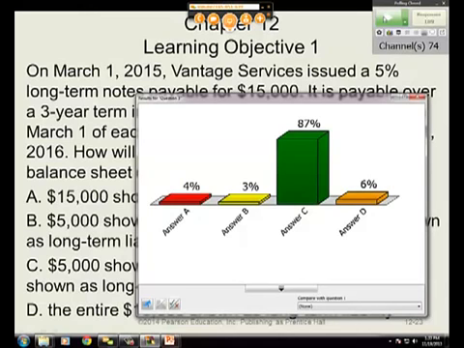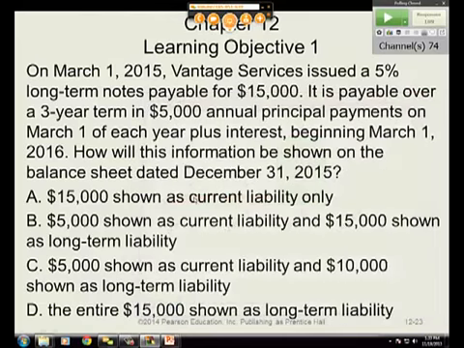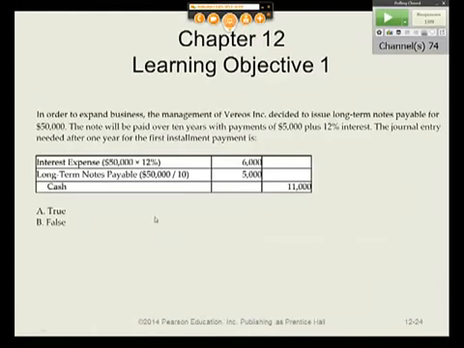This does not include any interest. There would be accrued interest on that, which you were not asked for at this point. So the answer there would be C. Now, just quickly, I will tell you that the answer to this one is true. It's a very simple payment.